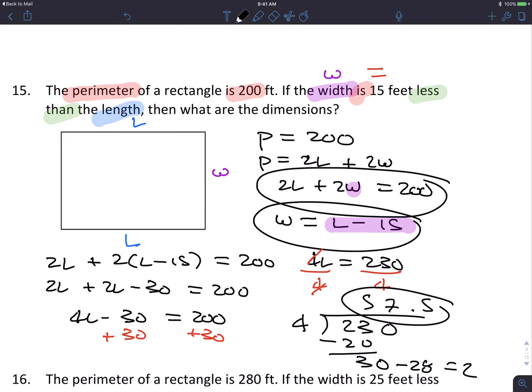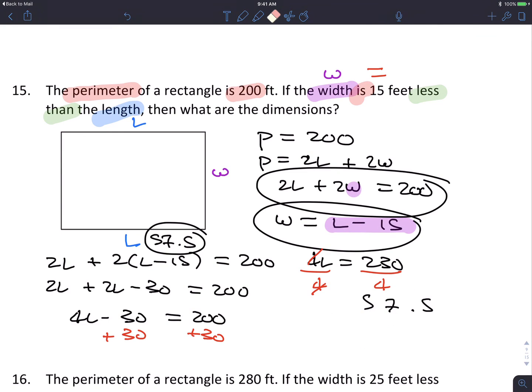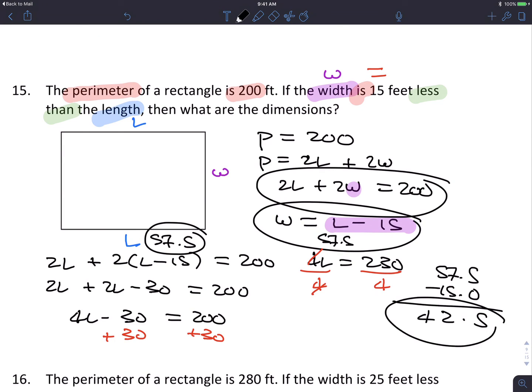Our length is 57.5. Width is 42.5. There we go.